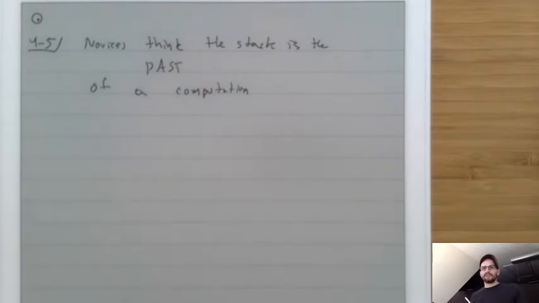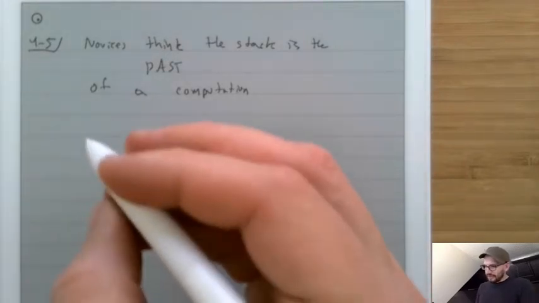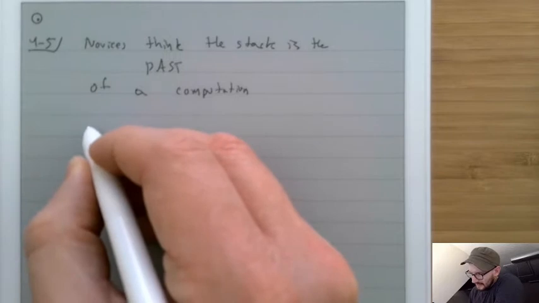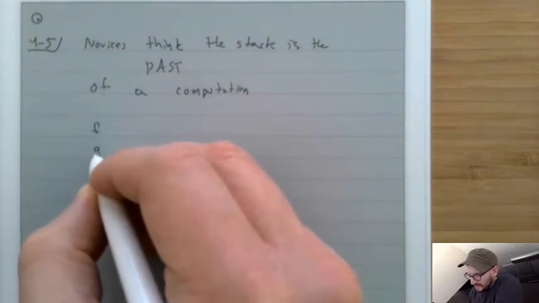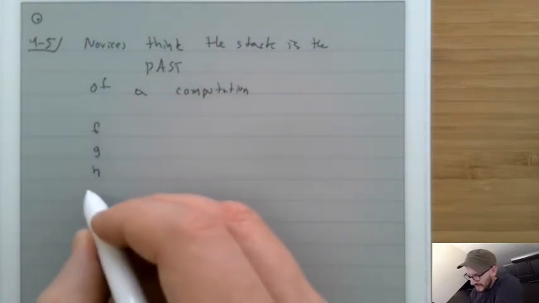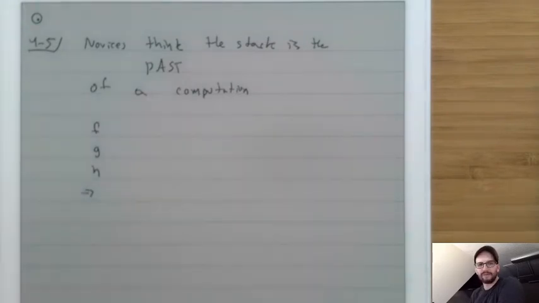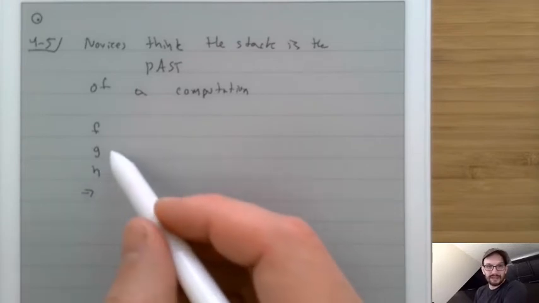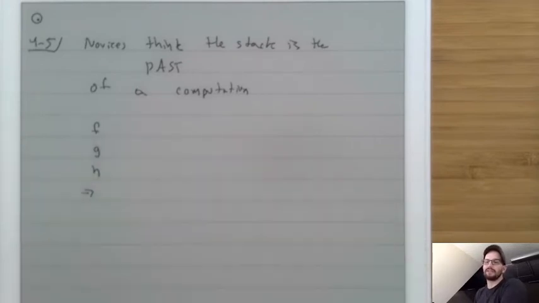So consider a C program, for instance. Imagine you have a C program, and you look at the stack, and it says, well, there's F on the stack, and then G on the stack, and then H on the stack, and then this is where I am right now. Now you may say to yourself, well, this means that I used to be inside of the function H, then I used to be inside of the function G, then I used to be inside of the function F.